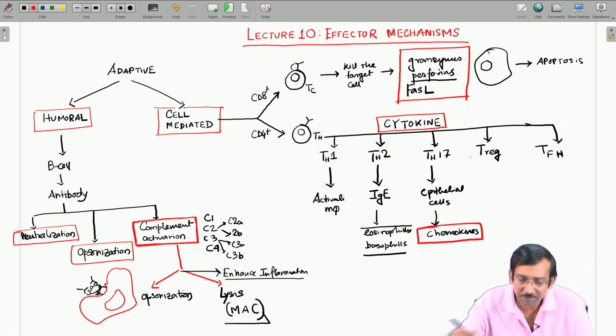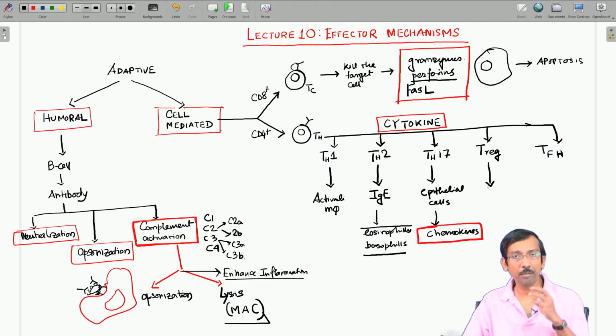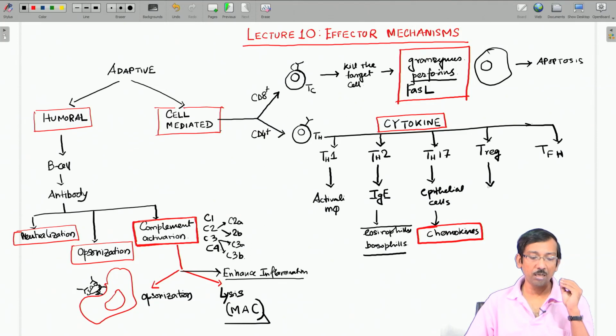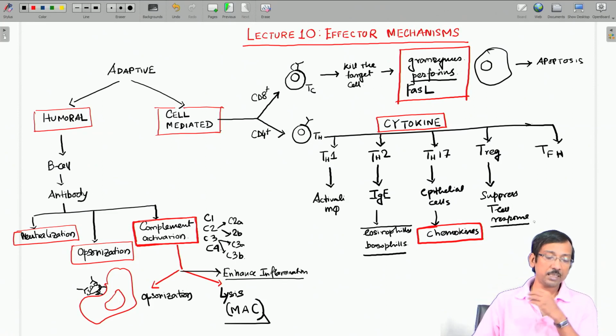Then we have the T reg or the regulatory T cells, and the T reg cells regulate the T cell responses. Basically they suppress the T cell response, and thereby they are usually the cells which prevent the development of autoimmunity.